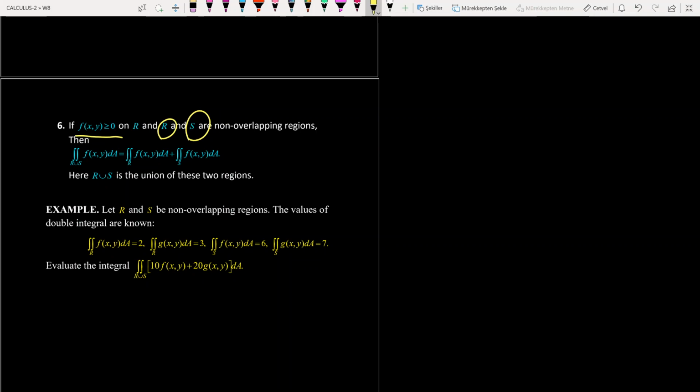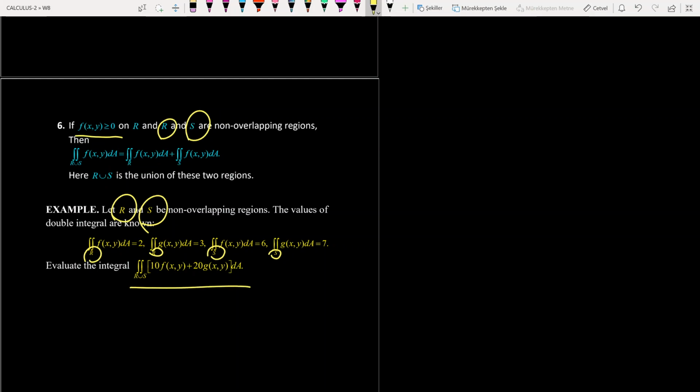Let's look at this example. We have two non-overlapping regions R and S here. The values of some double integrals are given in the question. For instance, the values of the double integral of f on R and on S are given as 2 and 6. The double integral of g on the two different regions, R and S, are also given. We are requested to find this double integral.